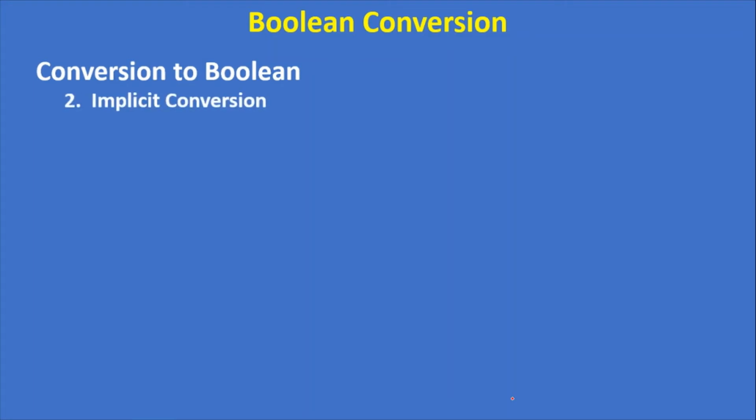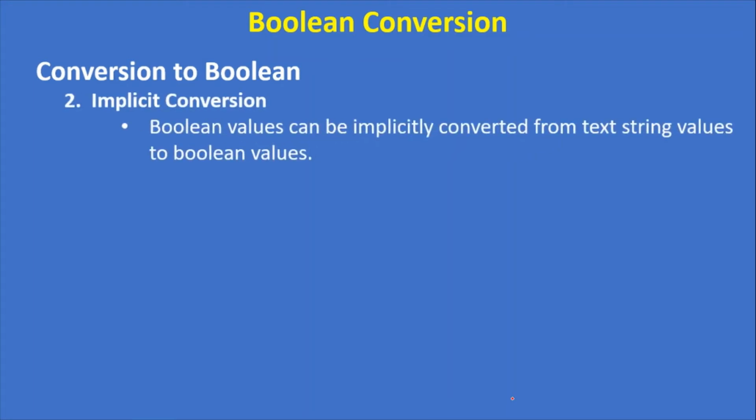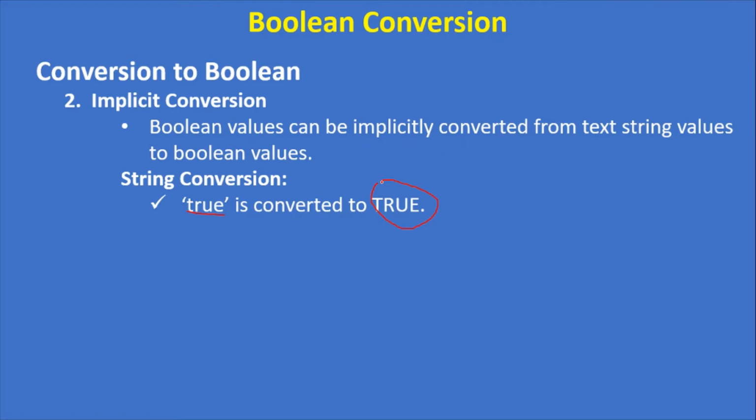Now implicit conversion. Just now we talked about explicit conversion. Boolean values can be implicitly converted from text string values to Boolean values. String conversion: the string true is converted to the Boolean true, and the string false is converted to the Boolean false.